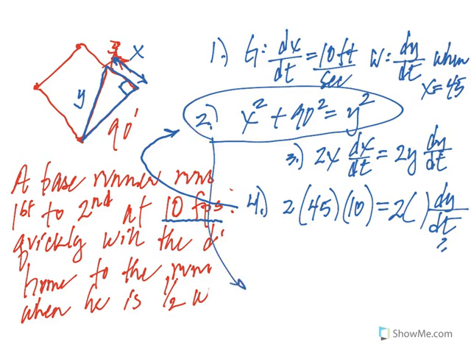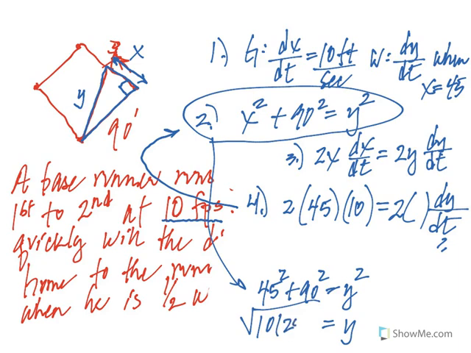So I can now solve that for y. I've got 45 squared plus 90 squared is equal to y squared. So my y turns out to be, when I square those and add them together, the square root of 10125. So that's going to go right here. And now all I have to do is divide through by 2 times the square root of 10125, and that will give me my answer.